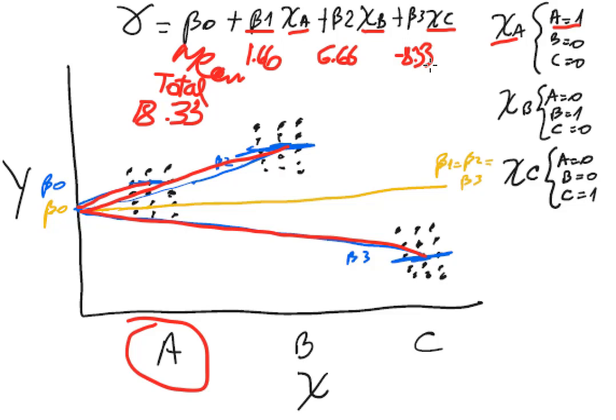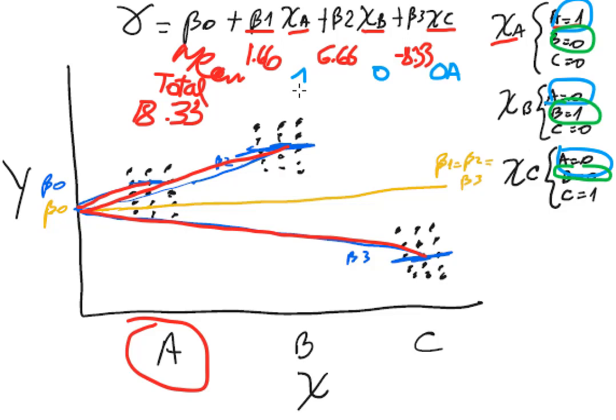Let's replace for group A. I'm going to change color to make it a bit tidier. So let's do for group A, we replace XA is 1, and XB is 0, and XC is 0. So we are going to have 1, 0, and 0. For group B, XA is 0, XB is 1, and XC is 0.